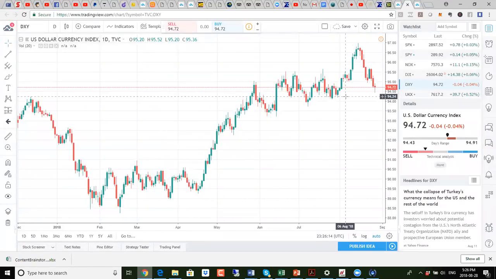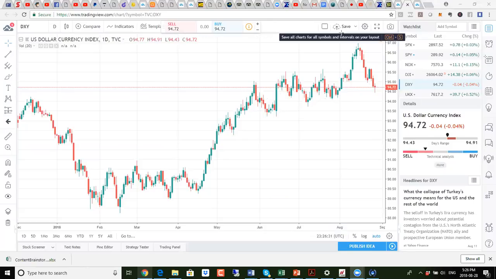Okay, so from a dollar index perspective, we are coming into support. There is room to the downside, so 94.19, which is where the support resistance is. So it could drop further, but the close today is not particularly strong to the downside.